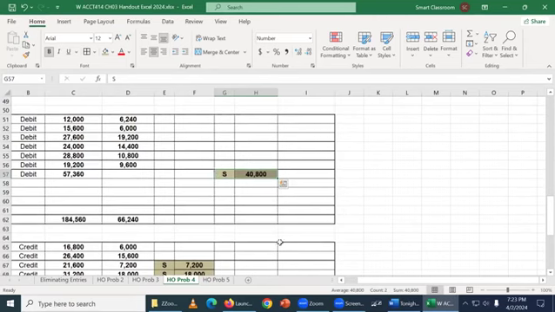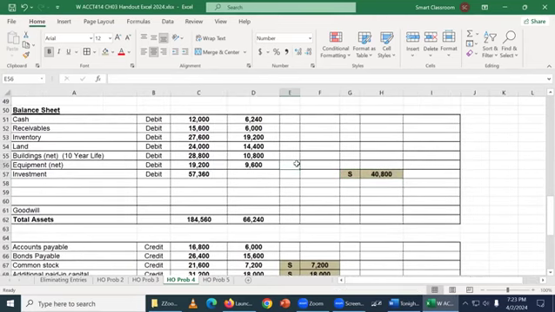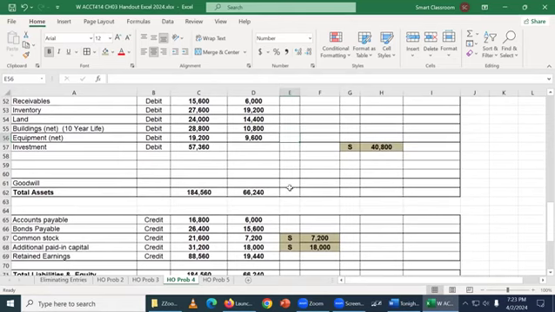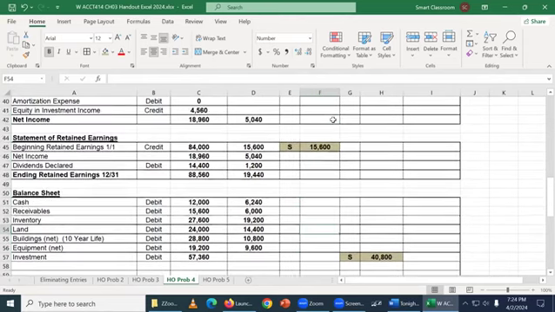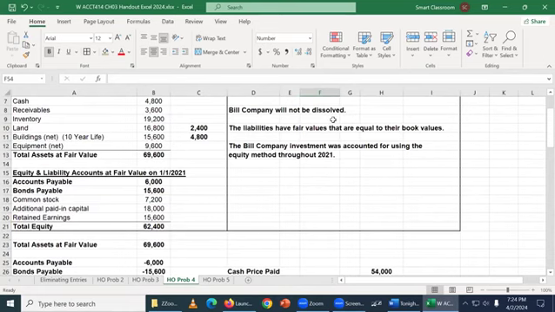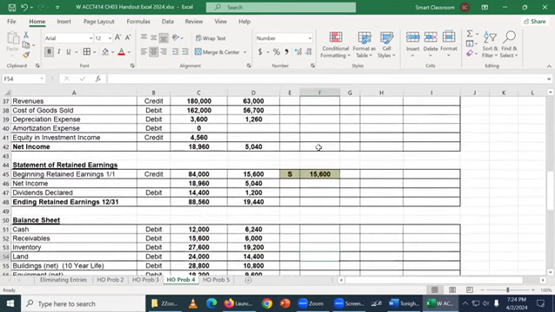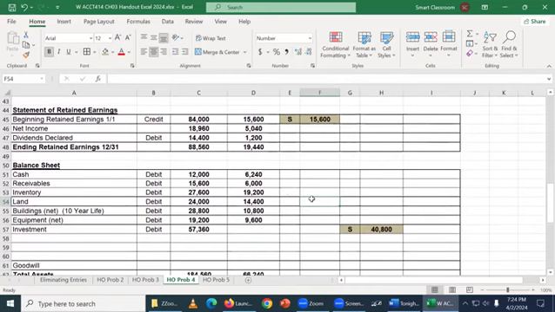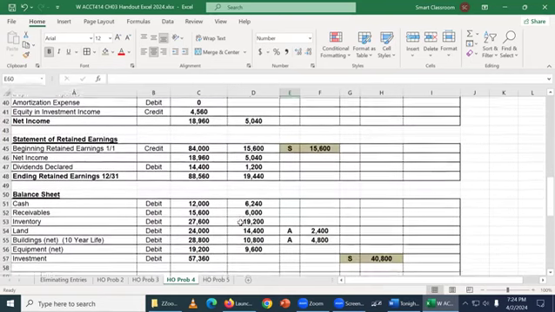And assets. $400 for land, 300 for land. Goodwill was 6,000.